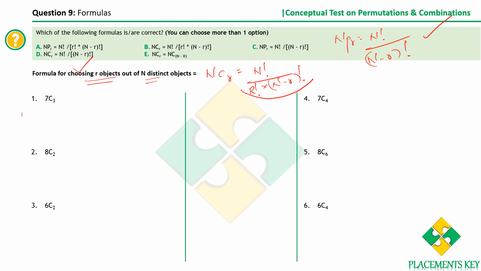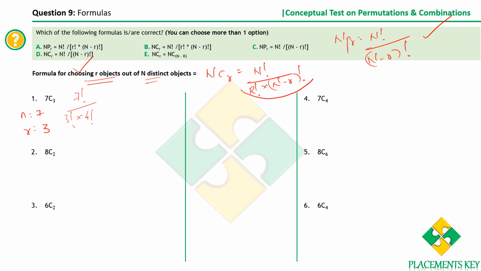Now let's apply this here. 7C3, so n is equal to 7, r is equal to 3. Therefore let's apply the formula here. n factorial by r factorial, that is 3 factorial, into, excuse me, 7 minus 3, that is 4 factorial.